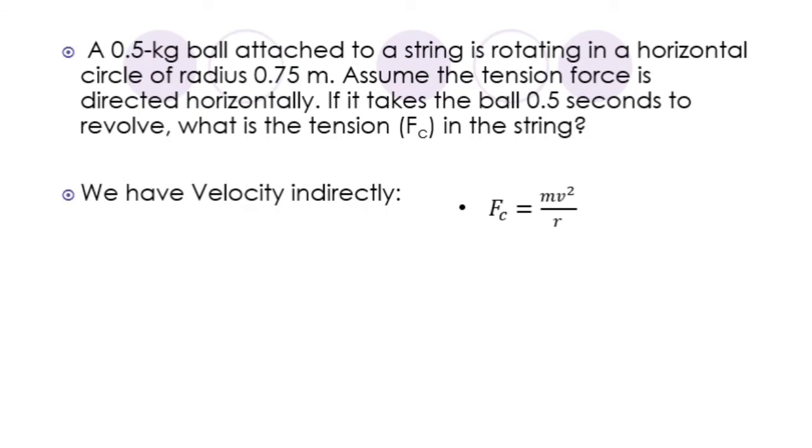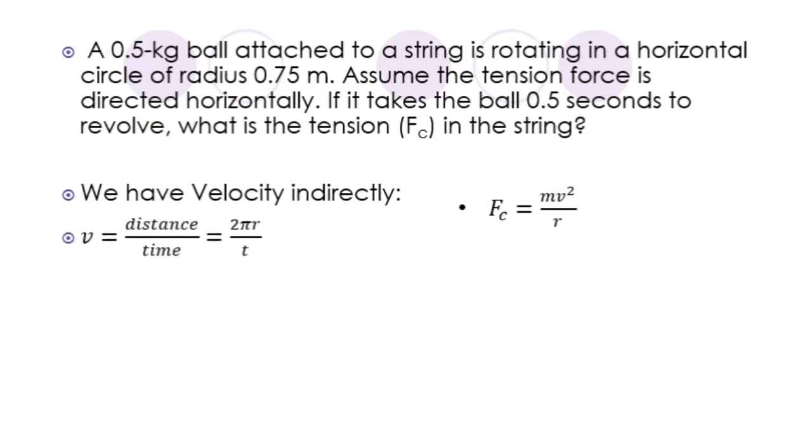We have velocity indirectly. Here's why we have velocity. Velocity is distance over time. Well, they gave us a radius, which means we have the distance of one revolution, and they give us the time for that revolution, so we have time also.